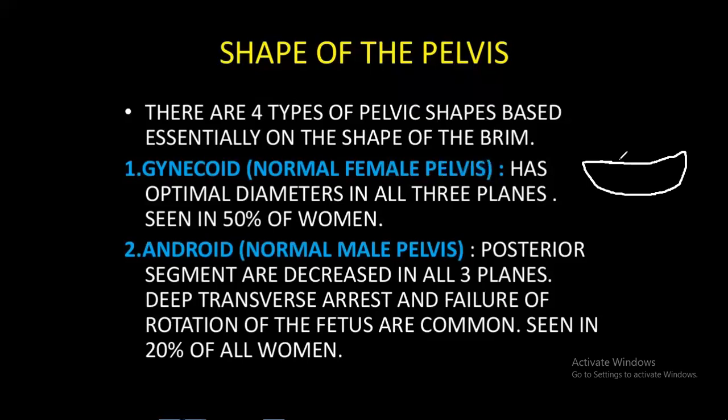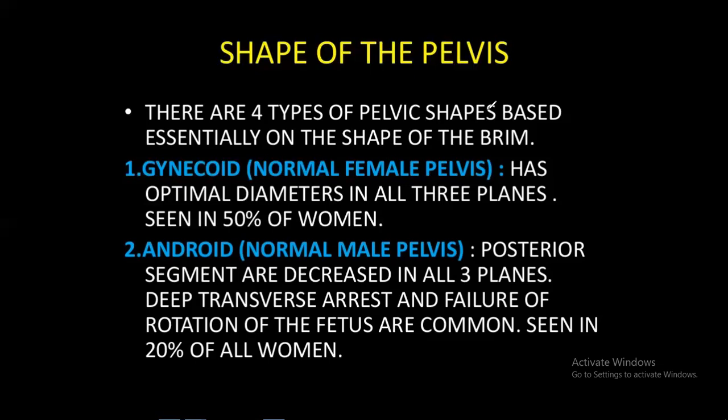The gynecoid pelvis has an inlet, which is transversely oval, and your transverse diameter is slightly more than the anteroposterior diameter, right? And it's going to be spacious in terms of the pelvic cavity. Then it's quite suitable for delivery, right?